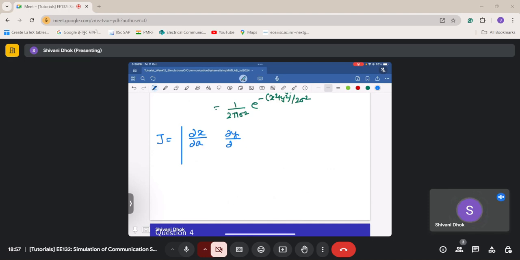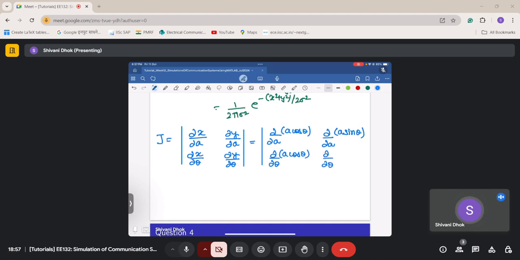So partially differentiating x, which is A cos theta, with respect to A, and A sin theta with respect to A, then the same thing with respect to theta: A cos theta and A sin theta differentiated with respect to theta.